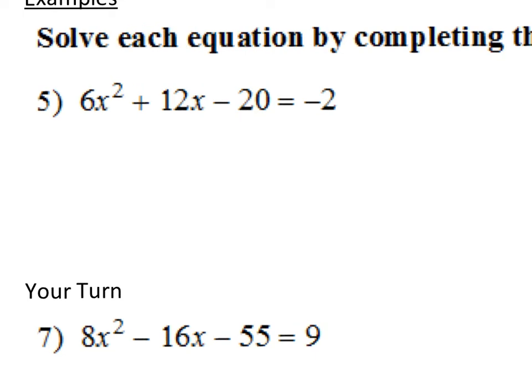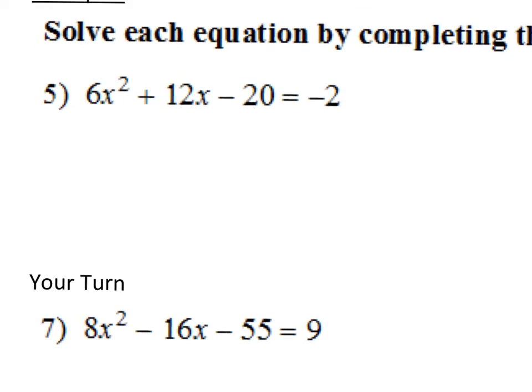And if you're looking at, say, number 5, where we have 6x squared plus 12x minus 20 equals negative 2, well, again, I want to get all my numbers on one side and all of my variables on another. So I'm actually going to add 20 to each side.